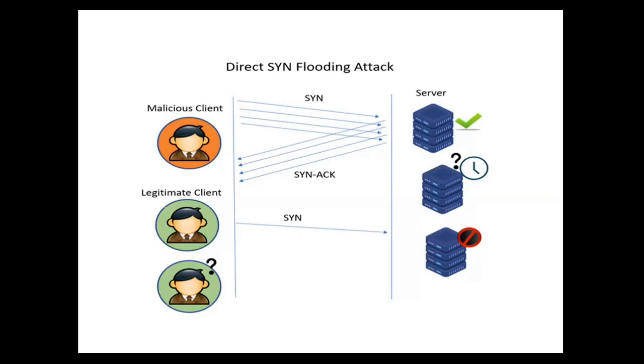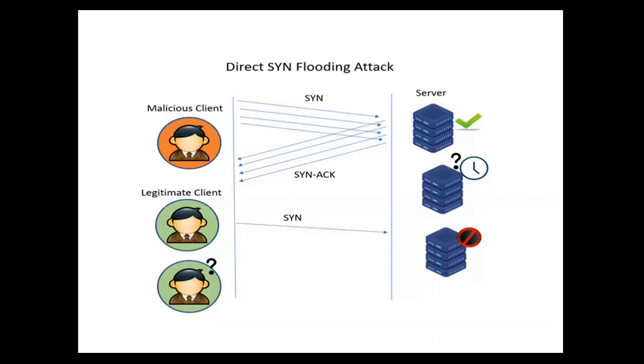But in a TCP reset attack, the sending computer sends a TCP reset packet to the receiving computer. If a TCP reset is received back from the target, then it's assumed the port isn't active or is closed.